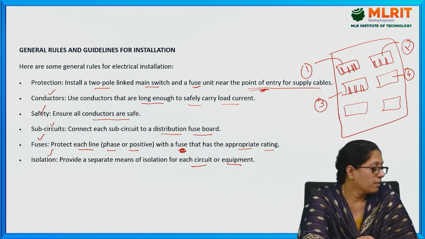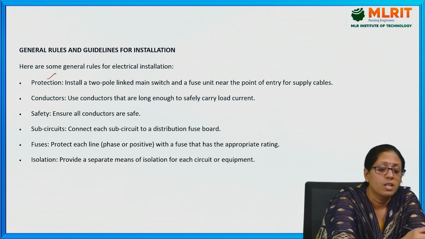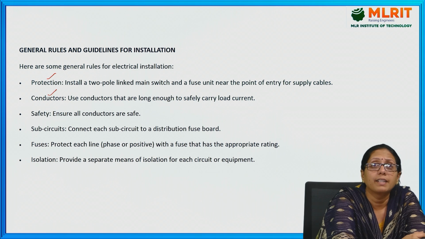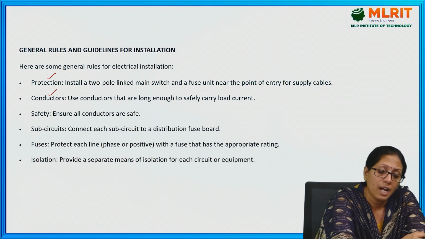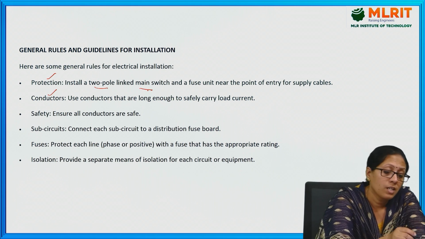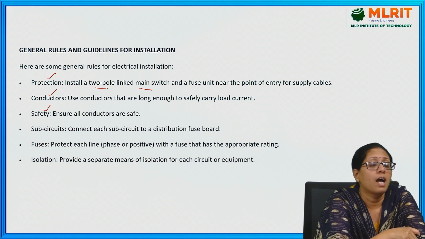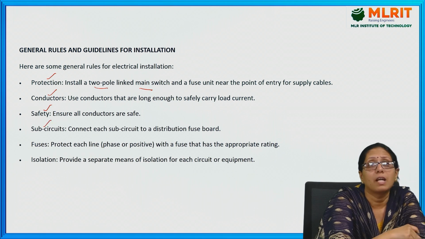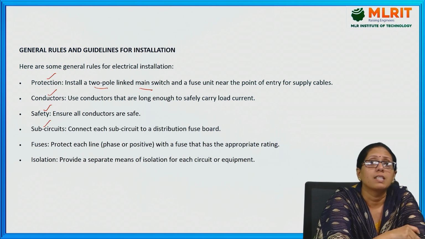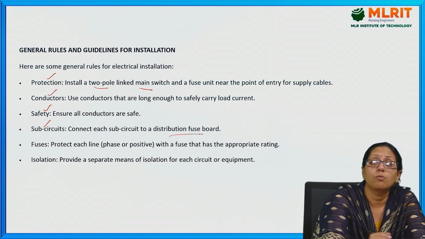In brief, the first one is protection: a 2-pole main switch should be there. The second one is that the conductor length should be more. The third one is safety. We should ensure that all the conductors are in a safe condition with proper insulation. Next, sub-circuits. Each and every sub-circuit should have a separate fuse and it should be connected in a single distribution fuse box.